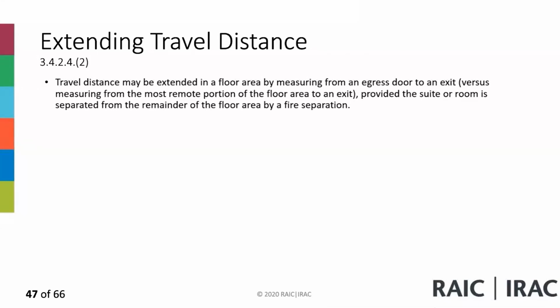Oh yeah, these are typically in your malls, when you have large public corridors in which rooms and suites are not separated from the remainder of the floor area. So this is in a mall setting. But then the public corridor is not less than 9 meters wide, the ceiling height is not less than 4 meters, the building is sprinklered throughout, and not more than one half of the required egress doorways from a room or suite opening into the public corridor is required to have more than one egress doorway.